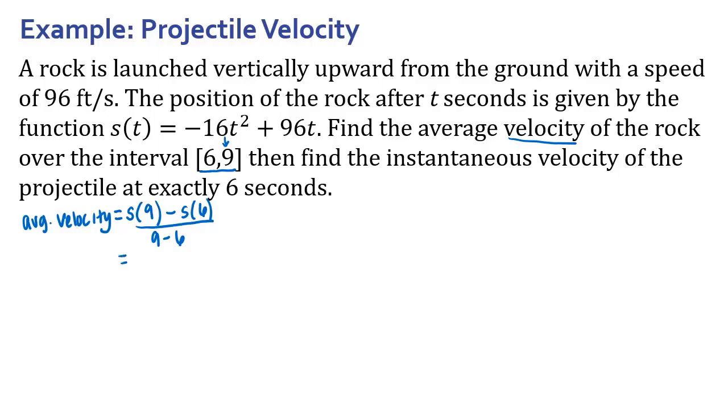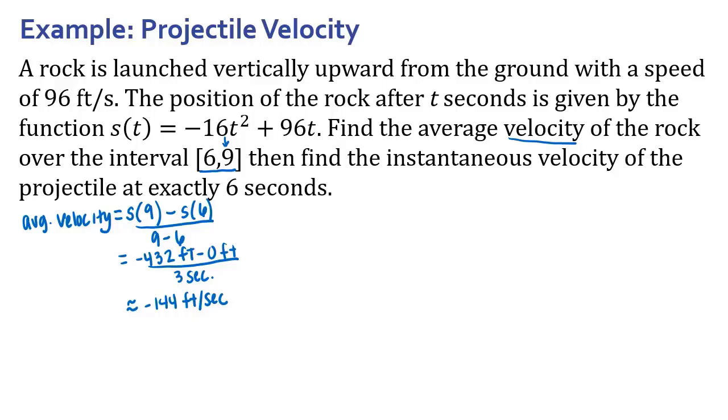So that's going to end up giving me a value of negative 432 feet minus 0 feet all over 3 seconds, which gives us approximately negative 144 feet per second. So the average velocity of the rock over the interval 6, 9 is negative 144 feet per second.